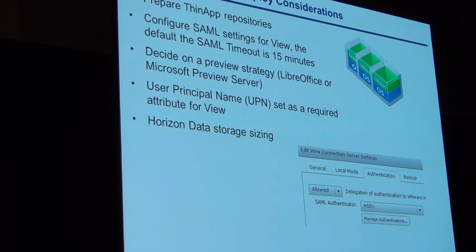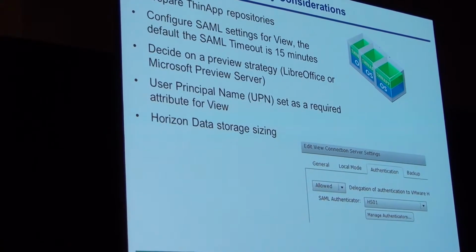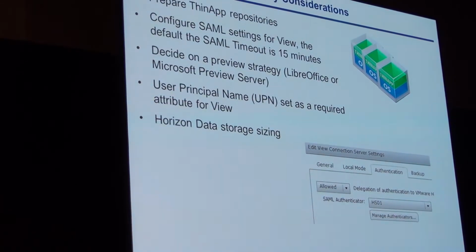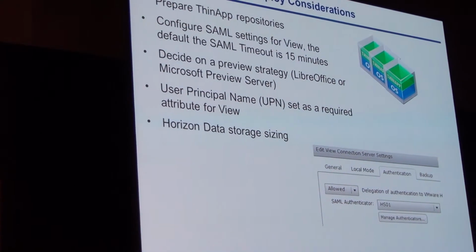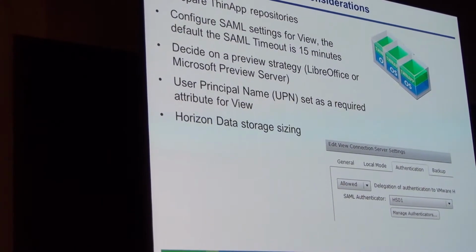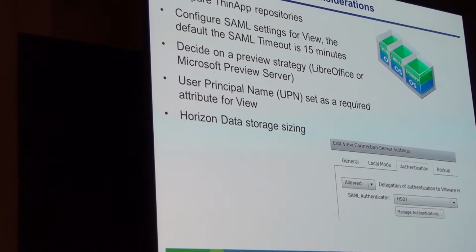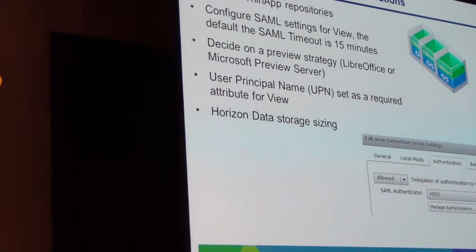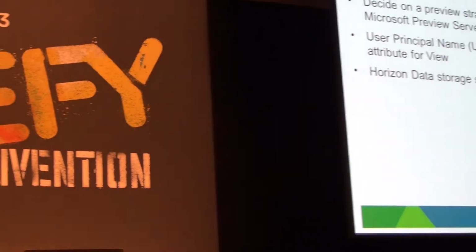We have the appropriate ThinApp packages set up in a repository on your file server for Workspace. One big thing that I always see come up is in Workspace, where you have access to your desktop portion. People are typically logged into Workspace for a long time, and then all of a sudden they say, oh, I'd like to click to my desktop.